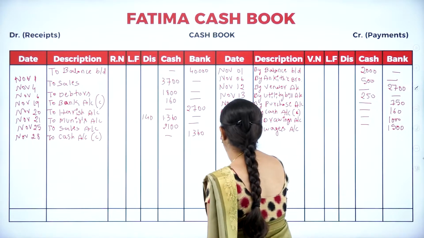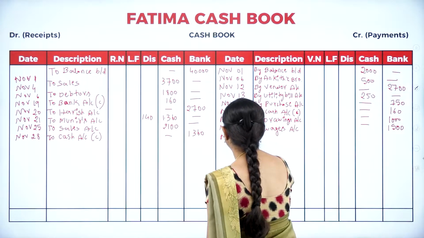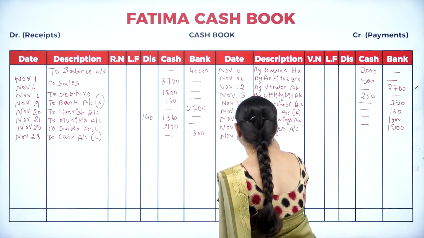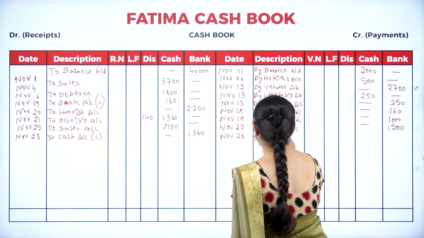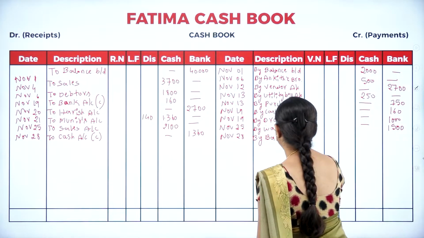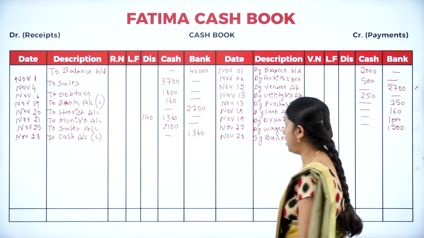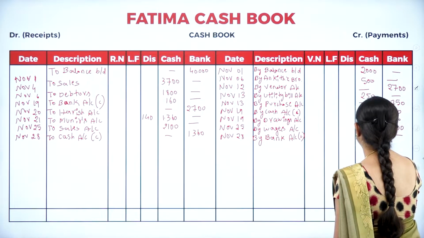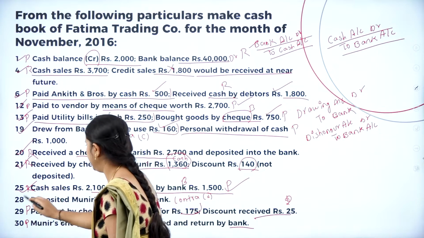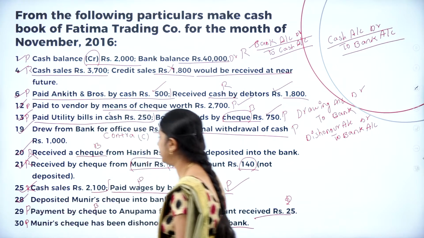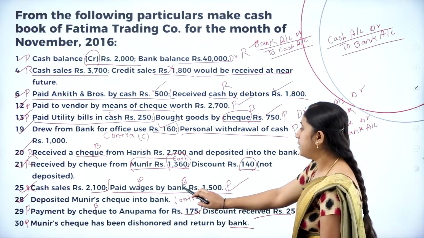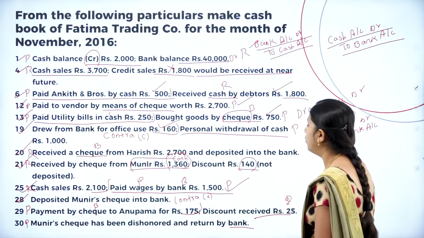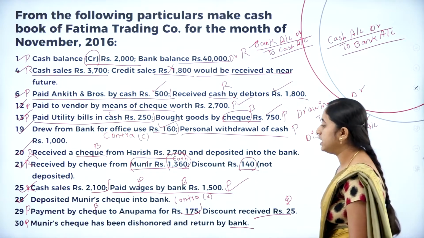November 28, by bank account, write C, contra entry, amount in cash column 1360. 28 is over.